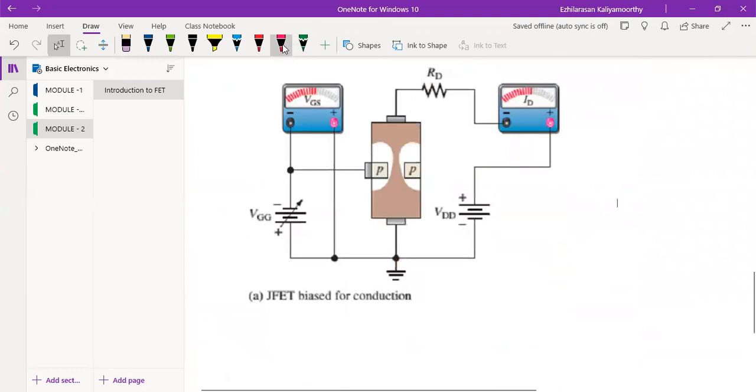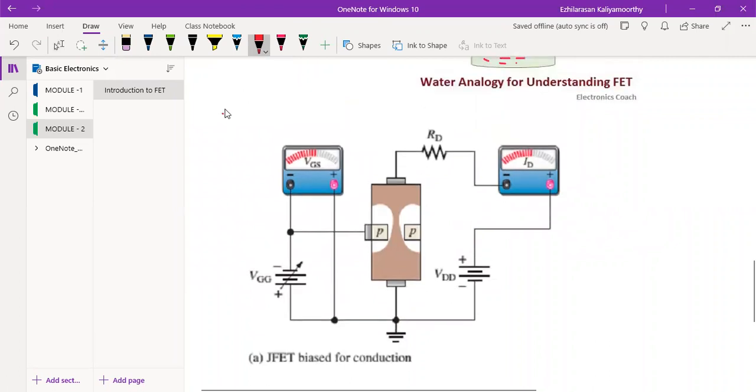Here, for our convenience, we took the N-channel JFET, because if you know the operation of the N-channel JFET, then it will be easy for the P-channel JFET also. The only difference is the holes and electrons. Because as you know, for N type, the majority carriers are electrons and the minority carriers are holes. That you know very well.